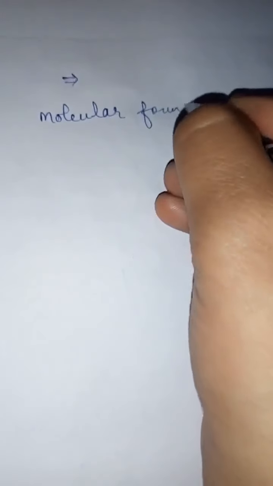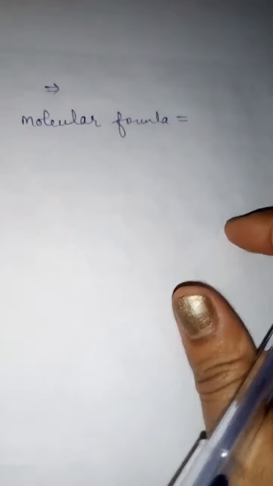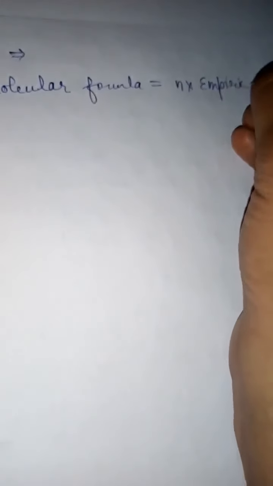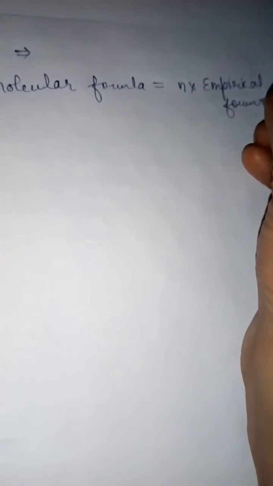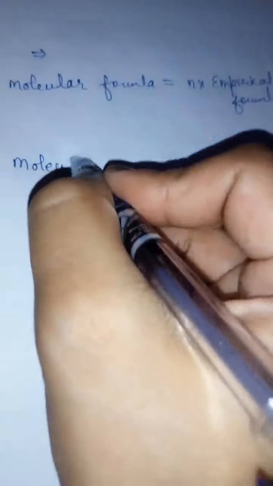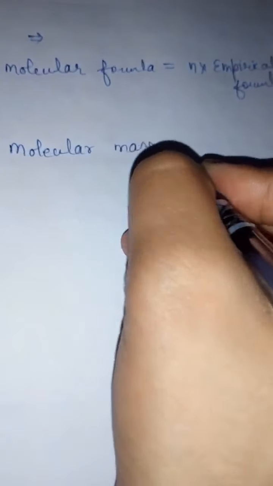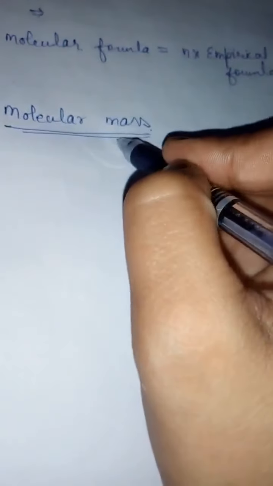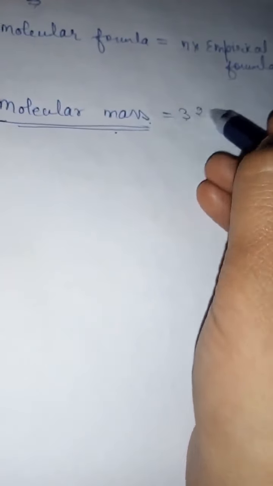How can you calculate the molecular formula? Molecular formula is equal to n into empirical formula. First you will calculate the molecular mass, which is given, that is 322.